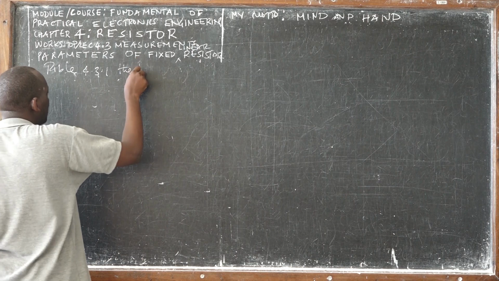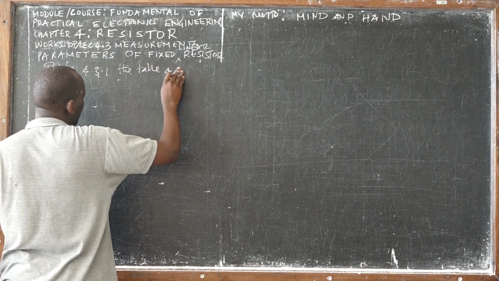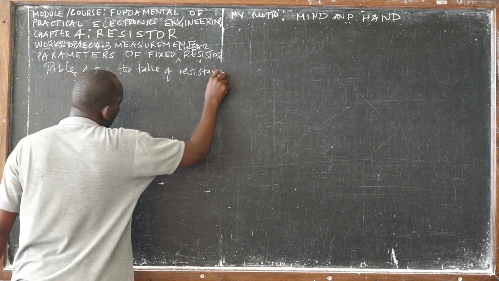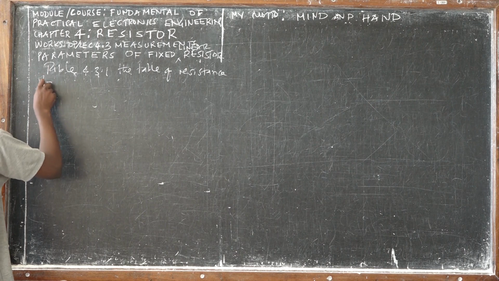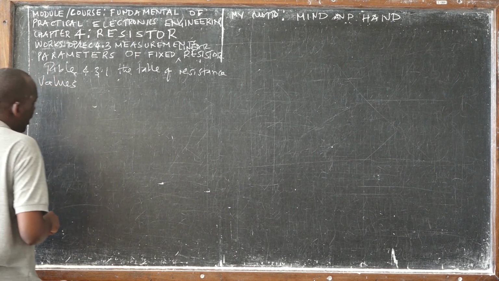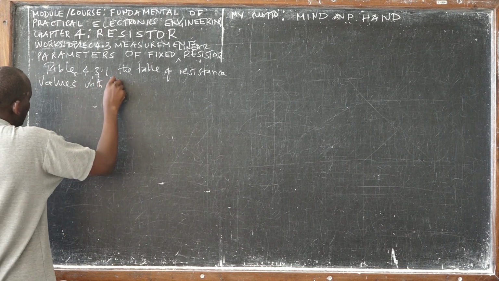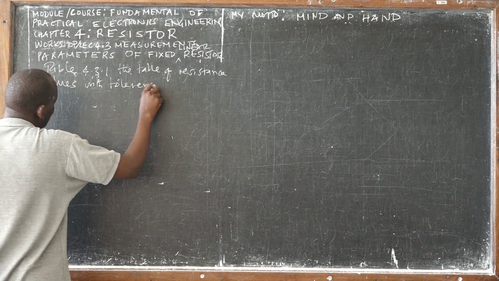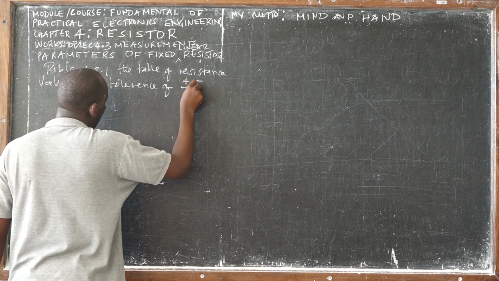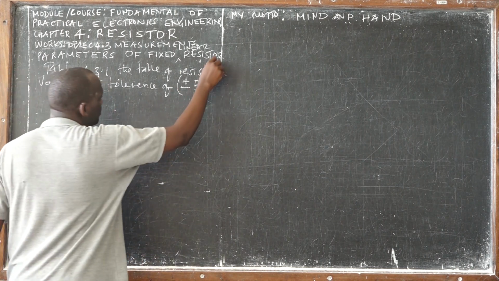The table of resistance values with tolerance of plus or minus 5. Plus or minus 5.